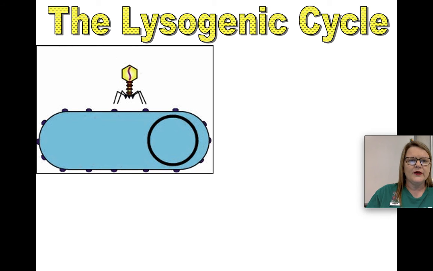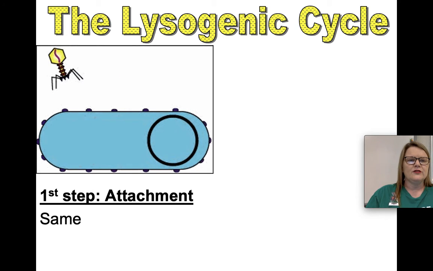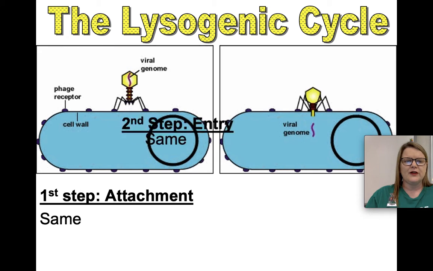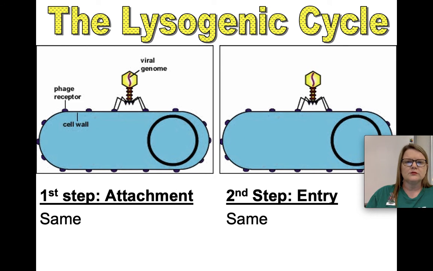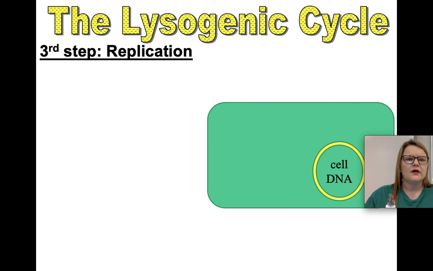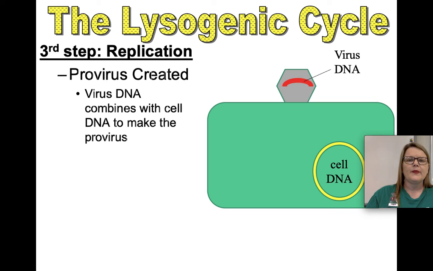Lysogenic cycle. In this, you still have the first step the same as attachment. Second step, entry, is the same as it was before. Third step, replication. A provirus is created where the virus DNA combines with the cell DNA to make the provirus.